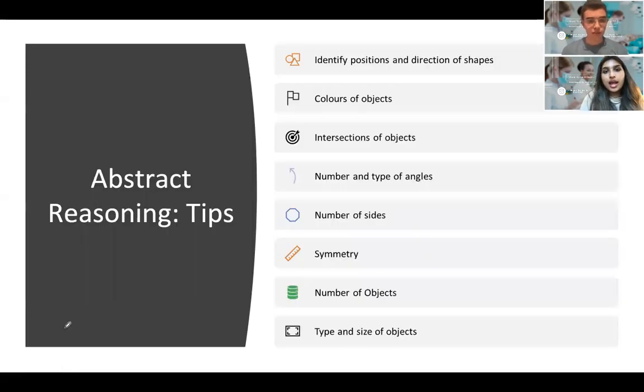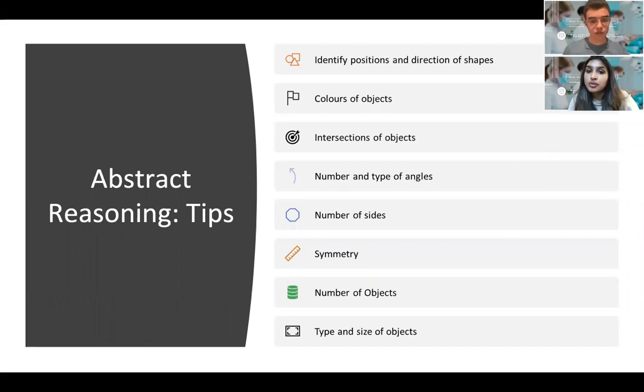Okay. And so these are some of the tips to look at, and this will help you cut out all the possible answers that it can't be. You can see my thought process when I was answering that question: positions of the shapes weren't any different, the colors of the objects weren't any different, there weren't any intersections of the objects, so no lines going through it, no shapes intersecting each other.